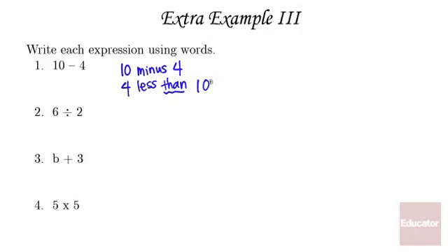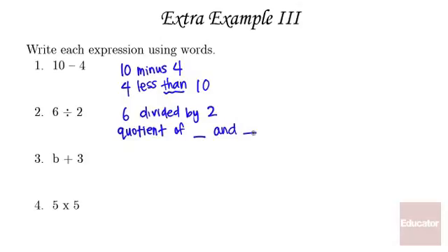So you can say 4 less than 10. This one, 6 divided by 2, just write it out like that, or you can say the quotient of something and something, so that'll be 6 and 2.